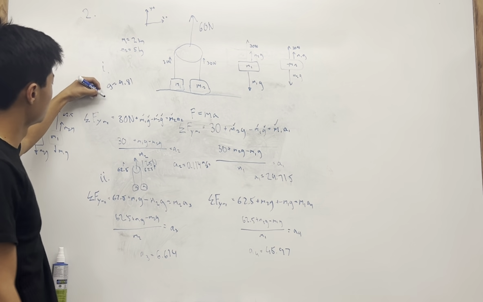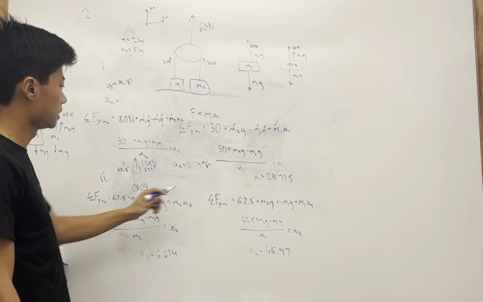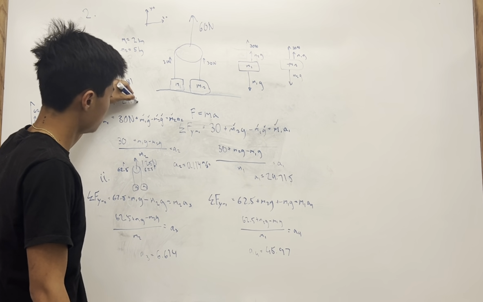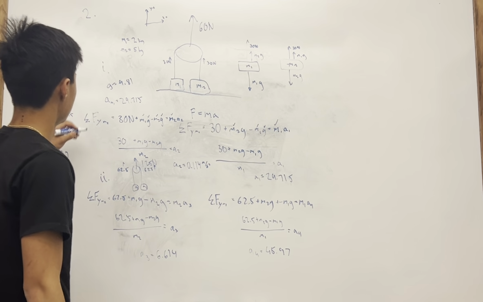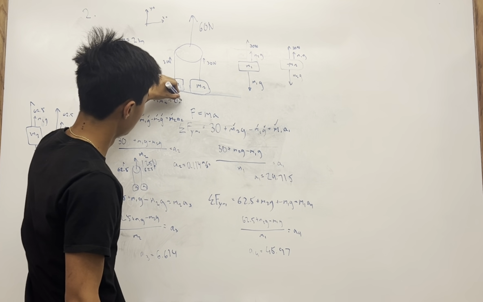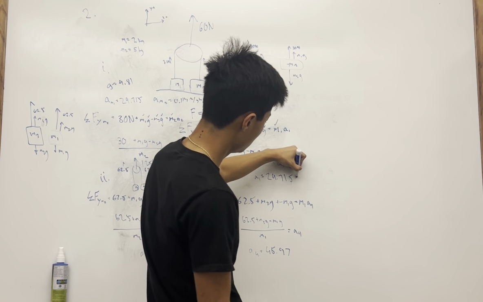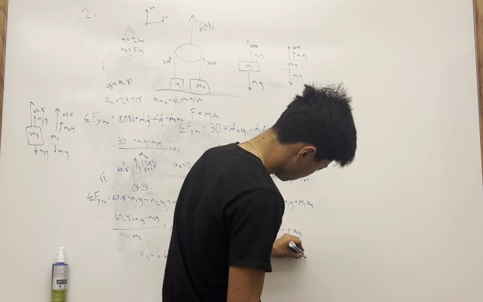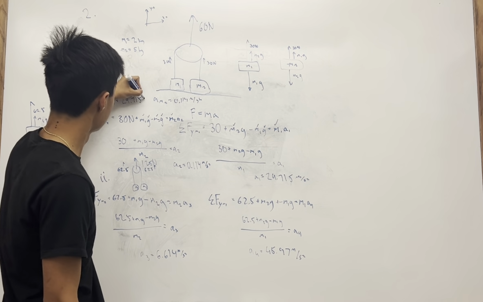Now, to answer the question, acceleration for mass 1 is acceleration what? 29.7. Acceleration for mass 2 we found is 0.114 meters per second squared. That means units.